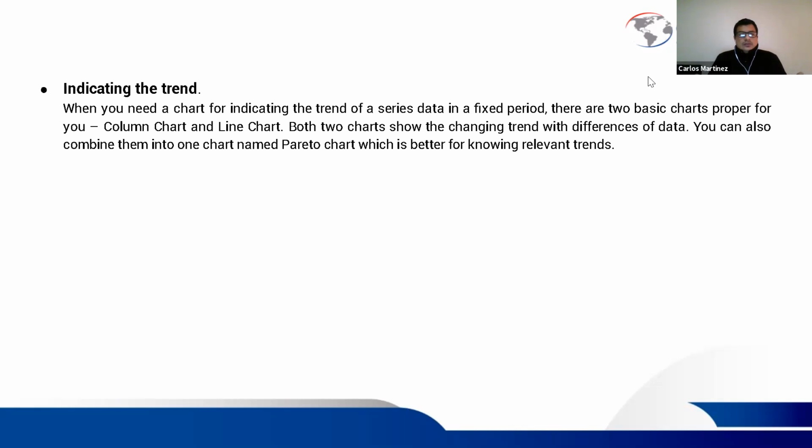Then you could say, okay, something's wrong. The trend is for it to be stable. What happened? Why is it going up? Or the opposite, why is it going down? So the charts that will indicate trends will be line charts and column charts, because they tell you what is the normal movement of certain data.